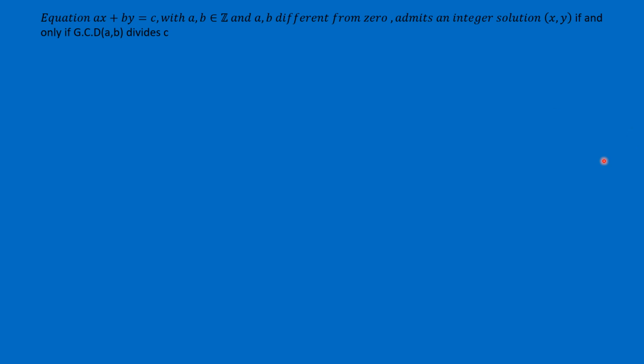And the solution will be of that form: x equals x0 plus b over z times t. This z here denotes the GCD of a and b, and y equals y0 minus a over z times t, where t is an integer.